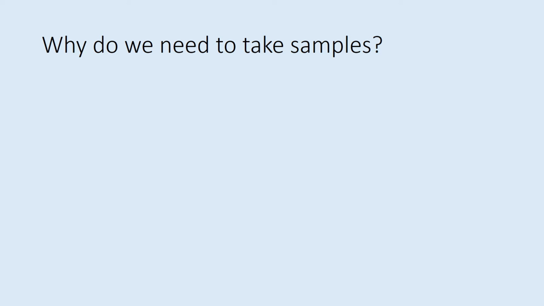So the first thing that we need to think about is, why do we need to take a sample? This will really vary depending on practice a little bit, and also the role of the vet nurse compared to the vet. One of the things that a vet nurse may well be involved in is monitoring of husbandry procedures. So this might be environmental samples to make sure that the husbandry and hygiene procedures, such as the cleaning protocols, are suitable and meet the requirements of that practice, especially in sterile areas such as the operating theatre.